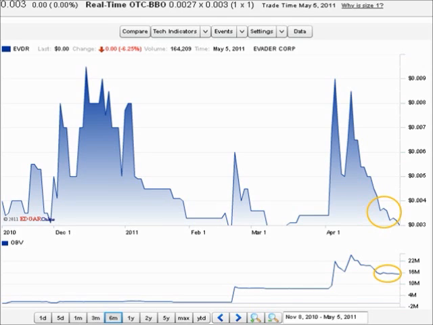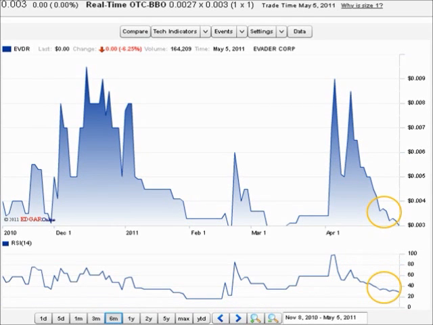As the price of EVDR is going down, the on-balance volume has remained steady. In other words, at this price there will be resistance and actually buyers of the stock, and that seems to be occurring, which is a very good sign for a reversal in trend.